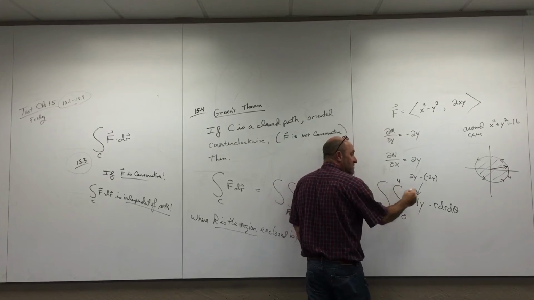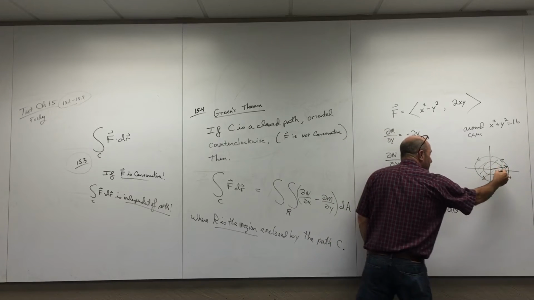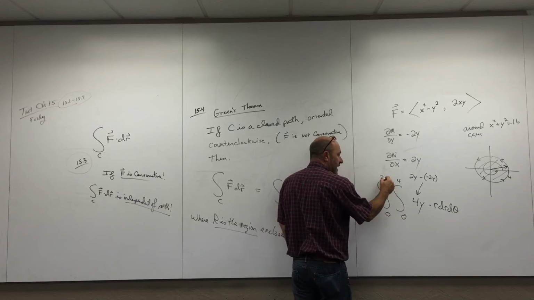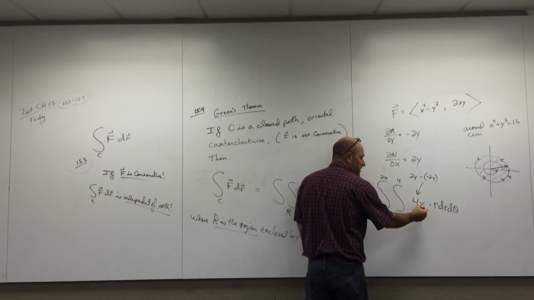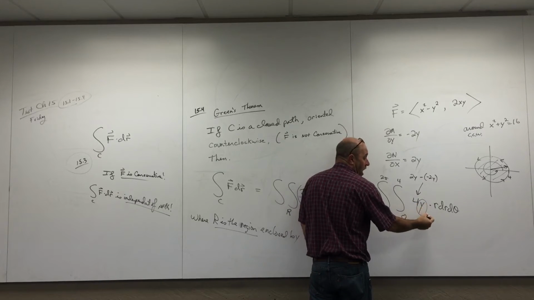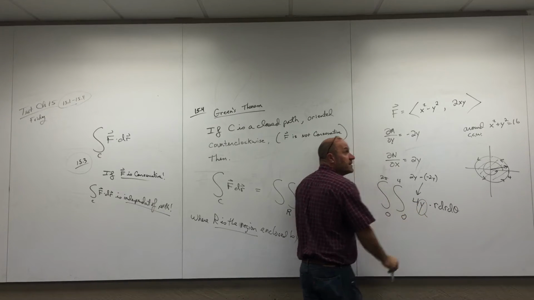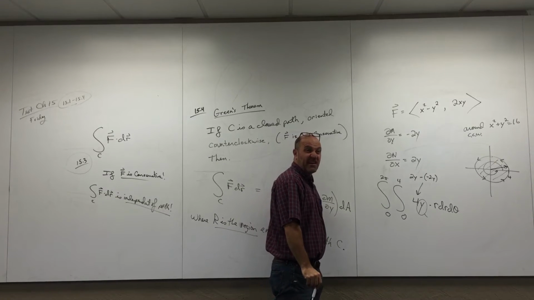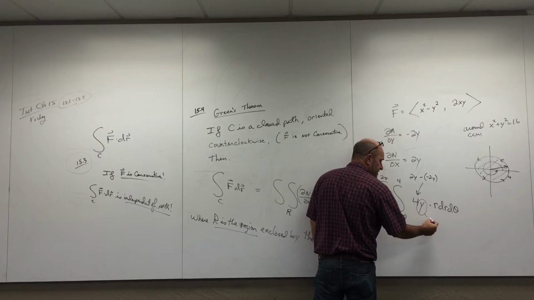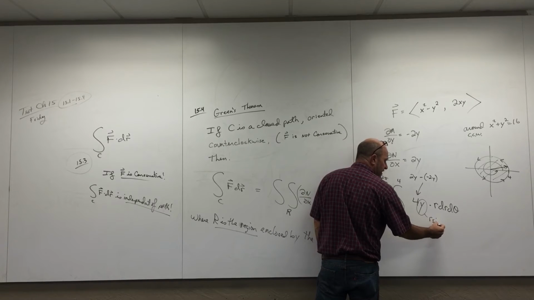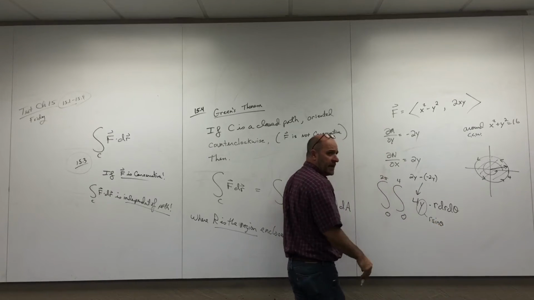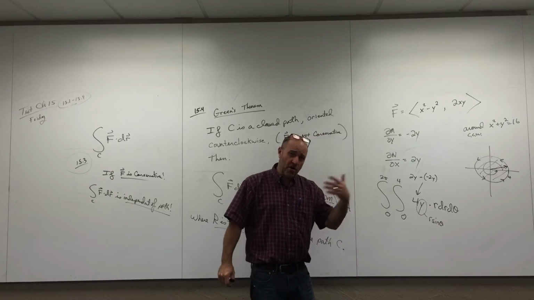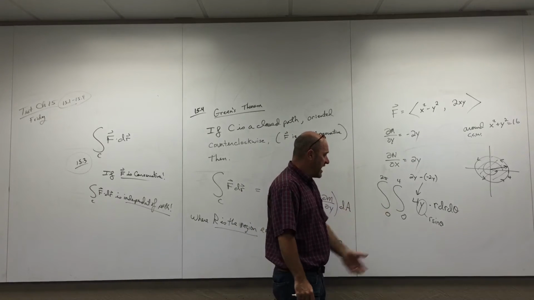Bounds for theta: 0 to 2 pi. And then all I've got to do is convert this y into polar coordinates. Y is r sine theta. That's how you convert: x is r cos theta, and y is r sine theta.